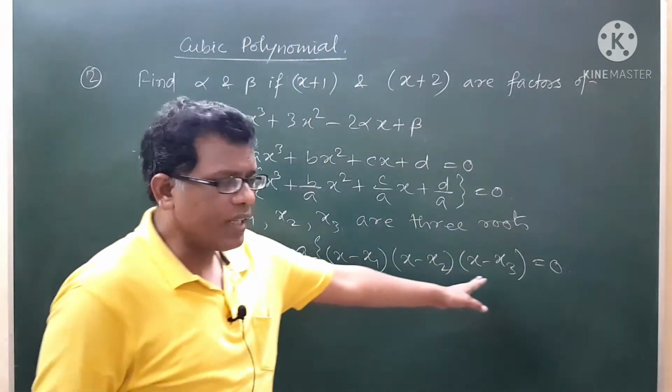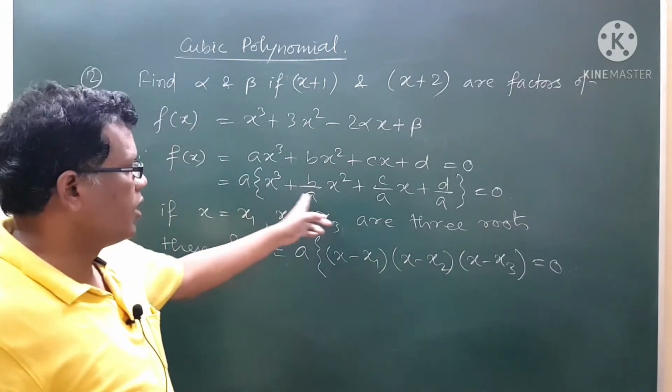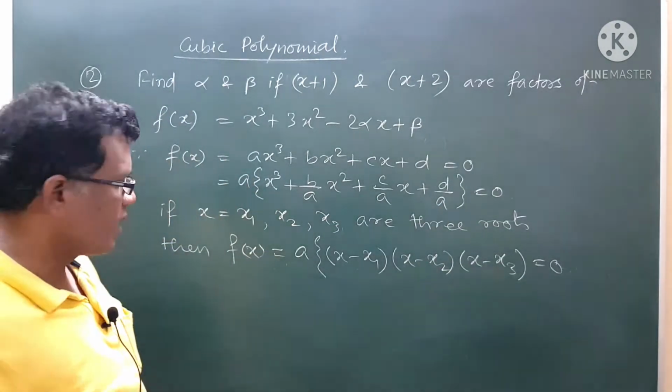Because if you simplify this product of these 3 linear factors, you will get back to this form only. You may ask how?